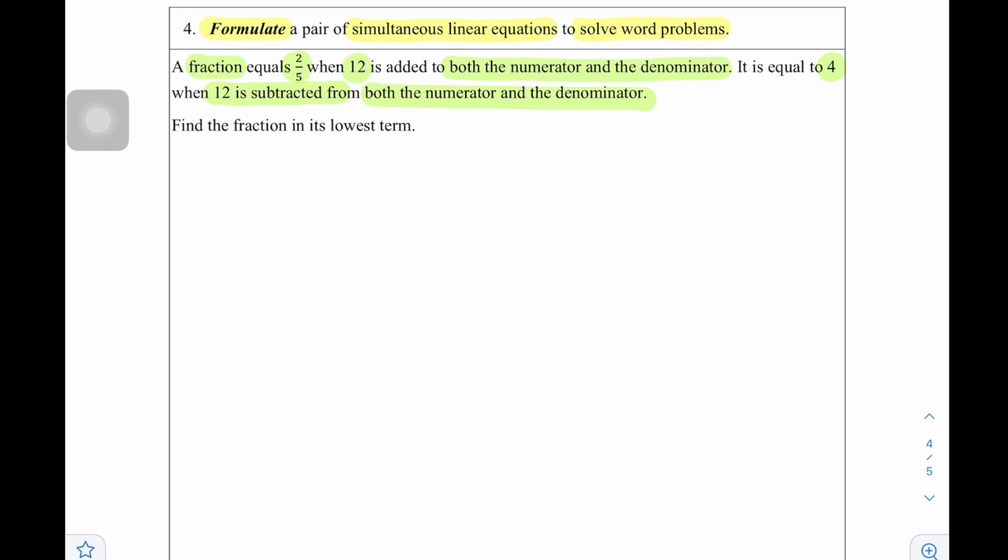So in order to formulate a pair of simultaneous linear equations, we will need to start by first defining our variables. So let x be the numerator and let y be the denominator.